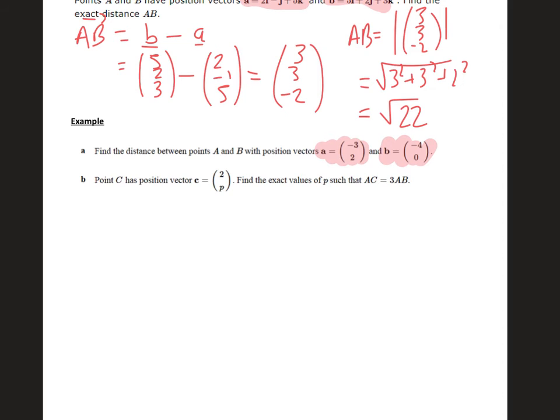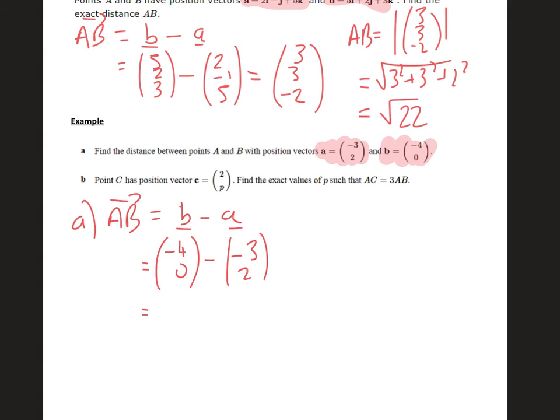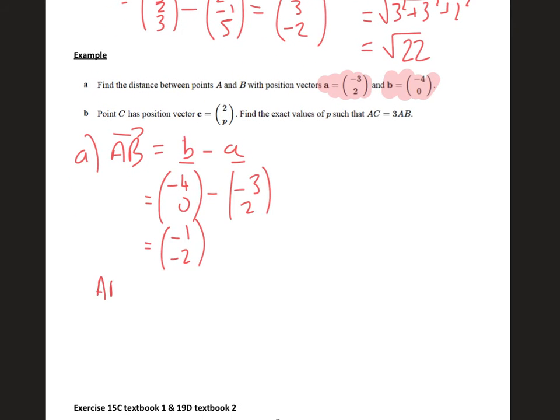So give my voice a pause and try it yourself. And hopefully you got root 5 as well.